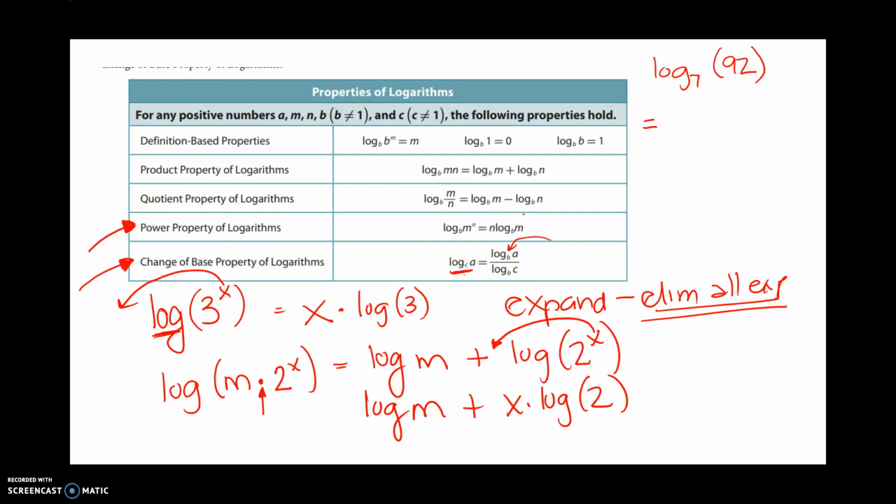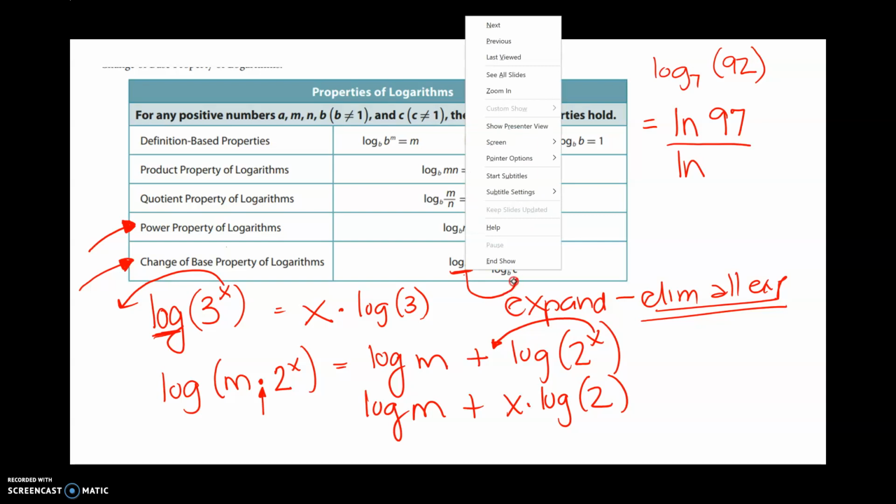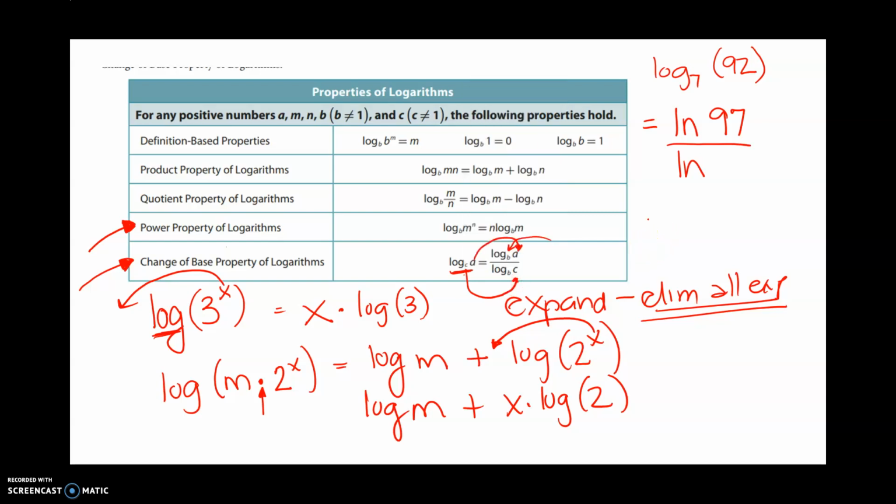So I want to change it into natural log. So notice it'll be natural log on the top, natural log on the bottom, and the thing you were taking the log of comes up here, right? So that means natural log of 97, and the actual base from the original c comes in down here, in this case 7.